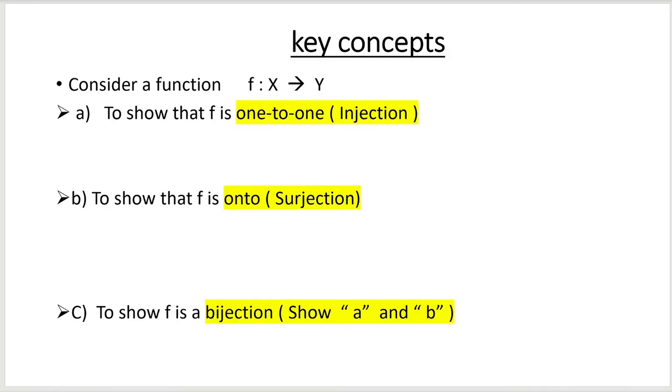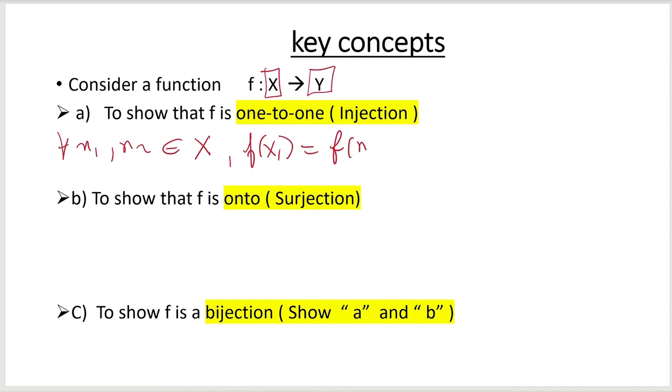So if you have a function that's defined from the set X to the set Y, in this case X is the domain and Y is the codomain. To show the function is an injection or one-to-one, we must show that for all x1, x2 in the domain, which in this case is X, if you have f of x1 equal to f of x2, this implies x1 equal to x2.